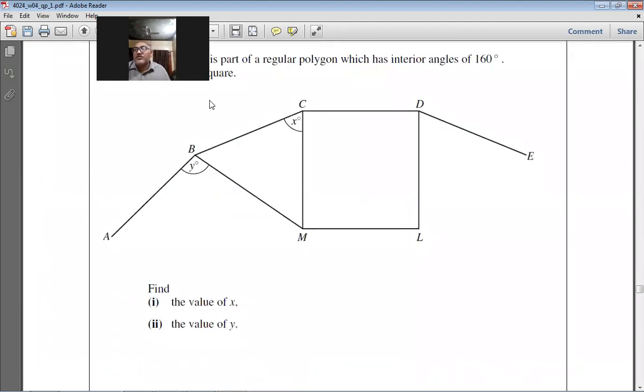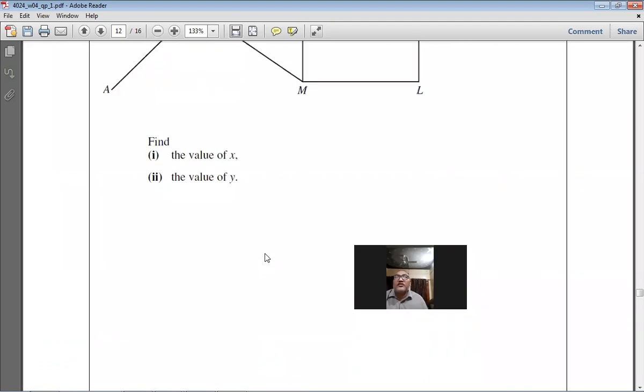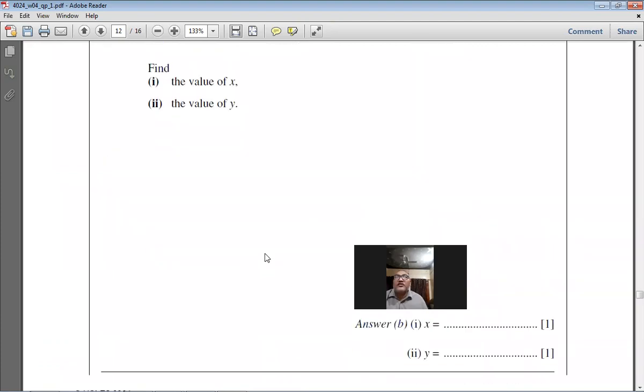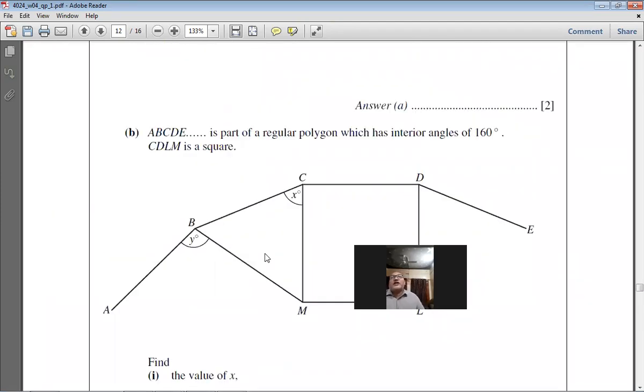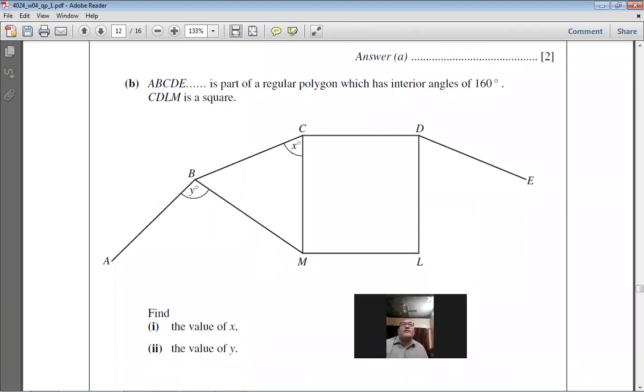Now the B part of question number 20: we have to find the value of x and y, and it's a 2-mark part. He says that ABCD is part of a regular polygon which has an interior angle of 160. CDLM is a square.